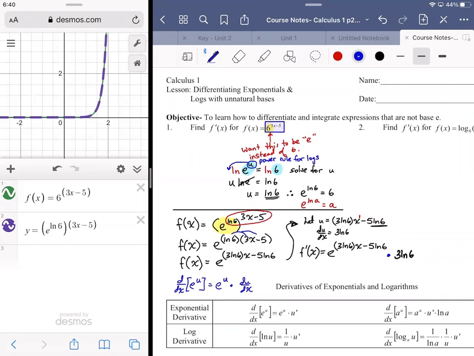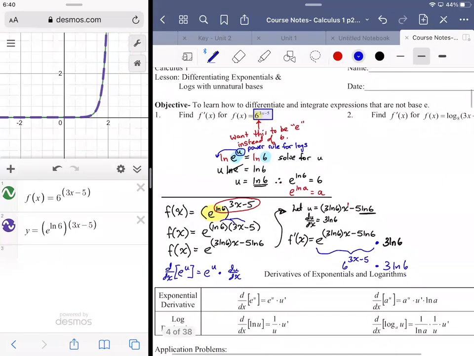So it tells me that all of this stuff, no matter how ugly it is, is really the same as saying 6 raised to the 3x minus 5. So our derivative is really 6 to the 3x minus 5 times 3 ln of 6, all right? Which leads us to the shortcut, right?